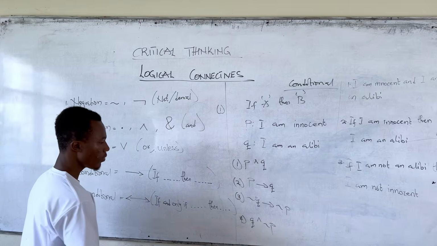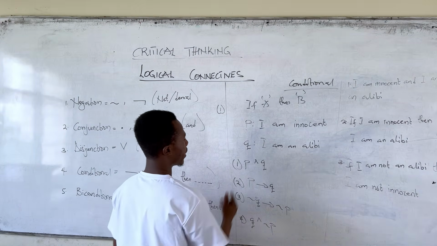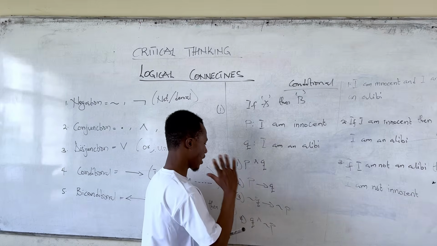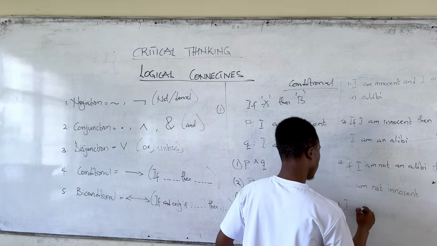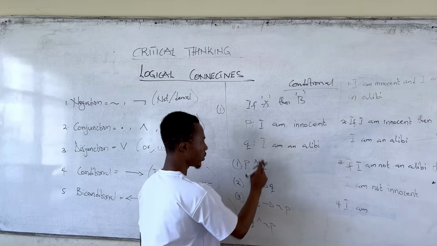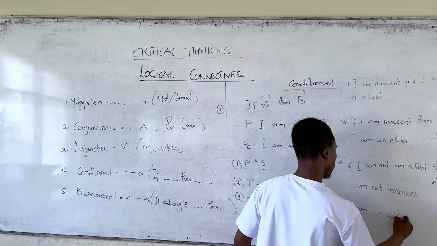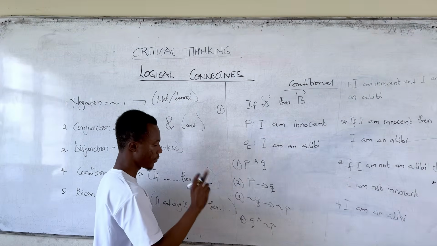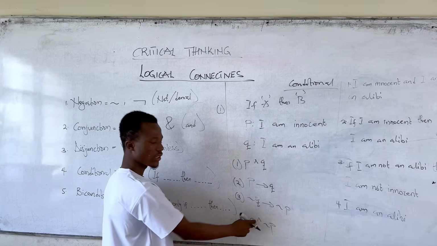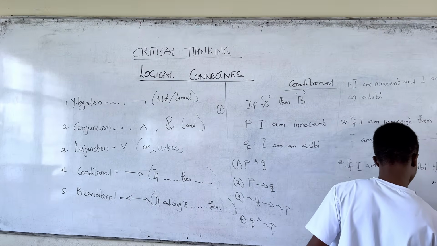Now the last one, we are saying Q, and that one is what? I have an alibi. There is no negation here, so we just write what is there. Because there is no conditional, I didn't bring the if. But this symbol here means what? And, right?